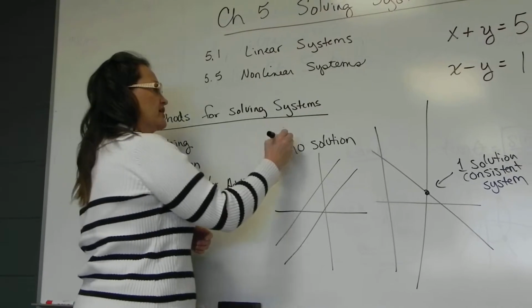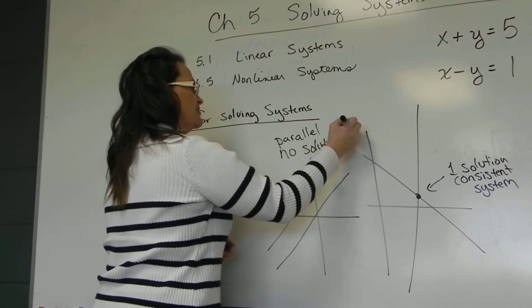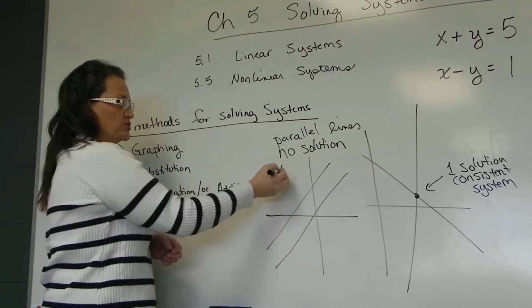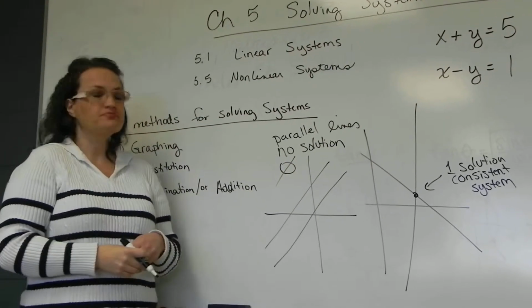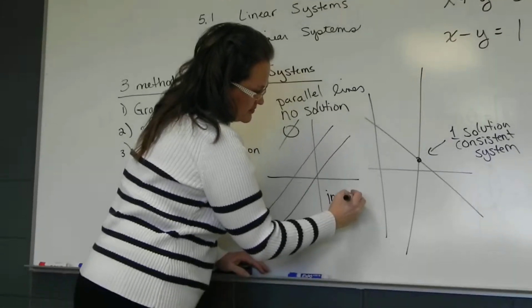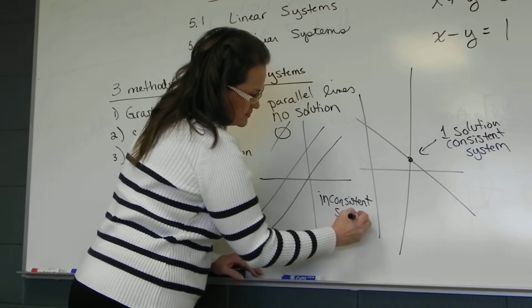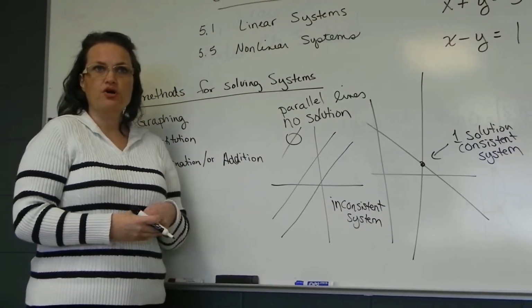Okay, so parallel lines miss one another, right? No solution. And we call that an inconsistent system, when the two lines do not cross.